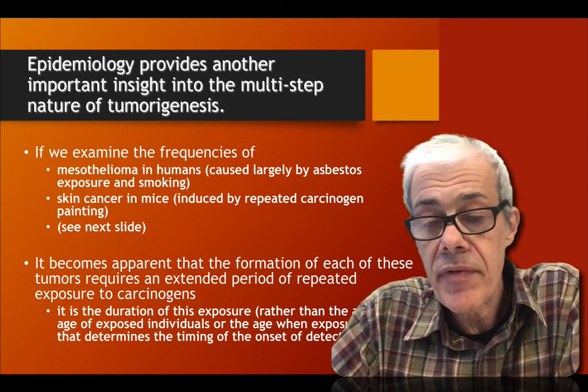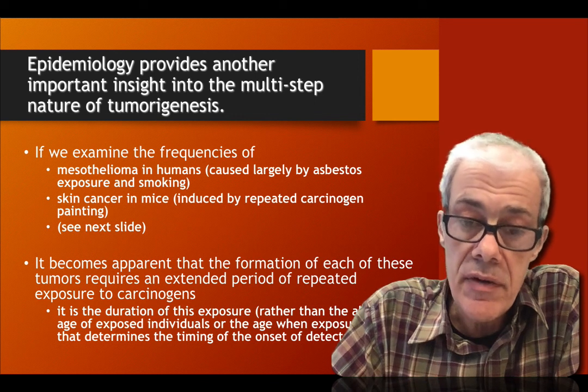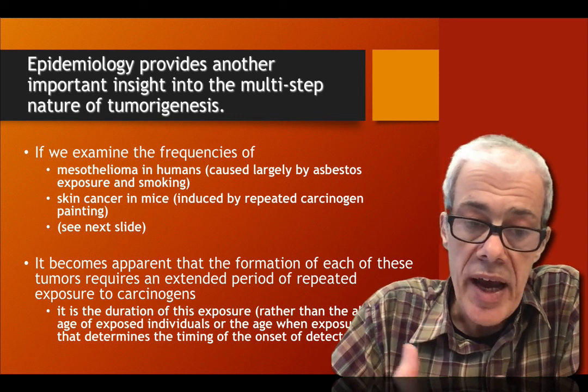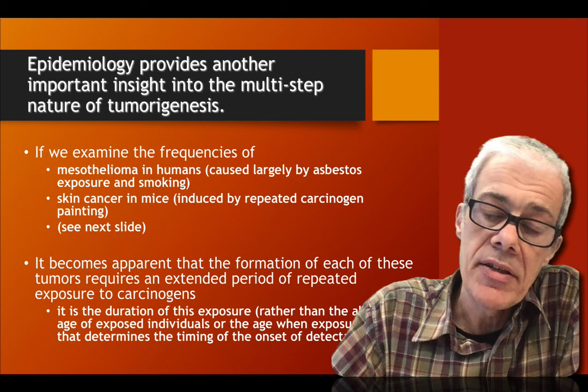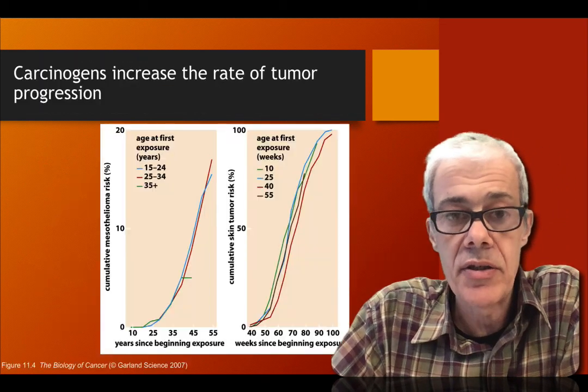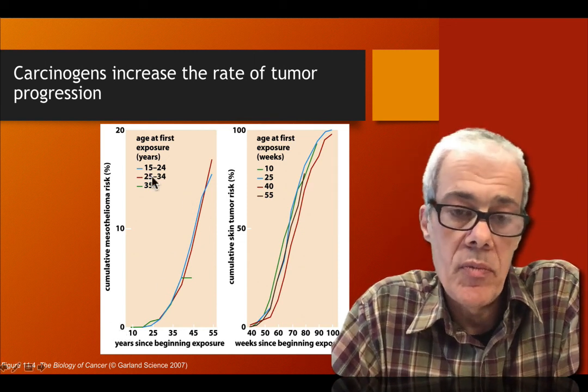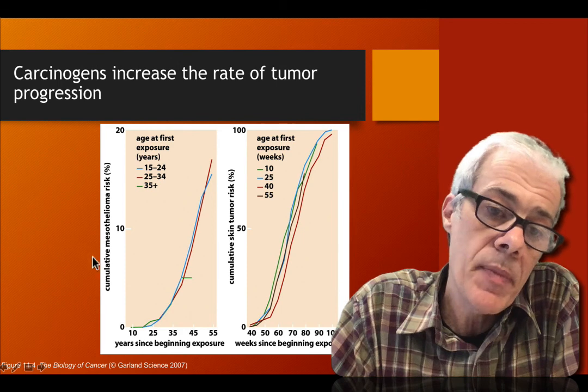So we know age is a factor, but when you've got complications like these carcinogens in the environment, then we have cancers that relate to the time of exposure to the carcinogens. And there's some really good evidence here that demonstrates what I was just saying.